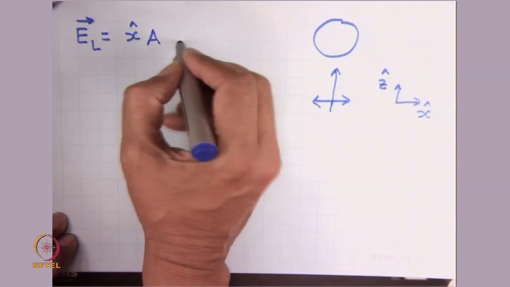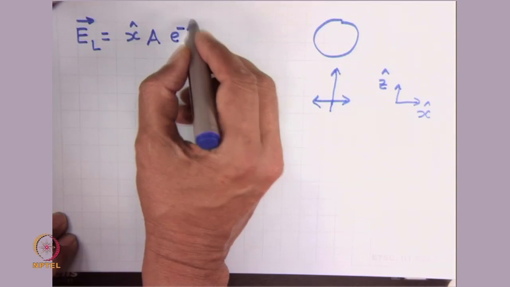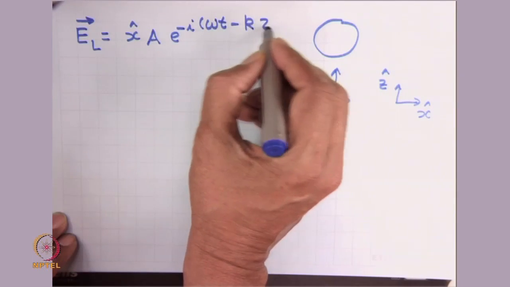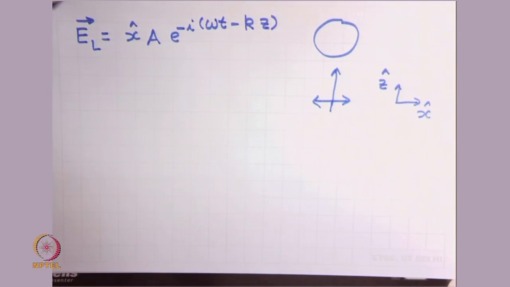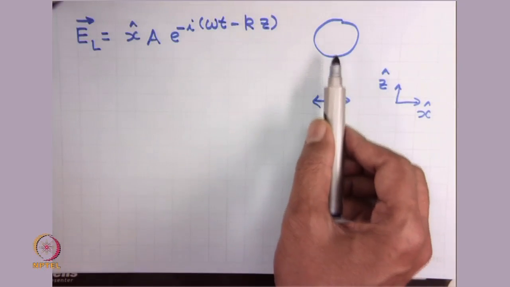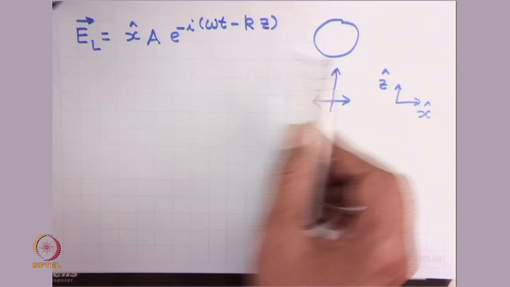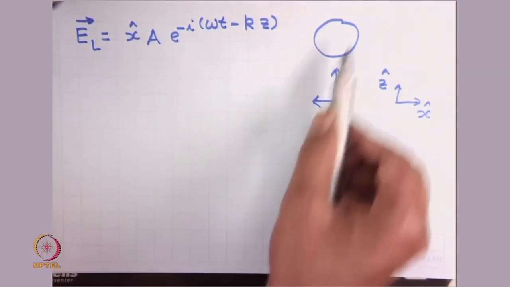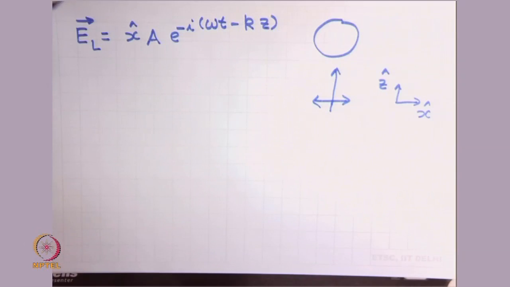The amplitude of the laser is, suppose, A, exponential minus i omega t minus kz. This is the field of the laser. But the distance z is very tiny when you go from one end of the cluster to the other end, and hence this term is not really significant.